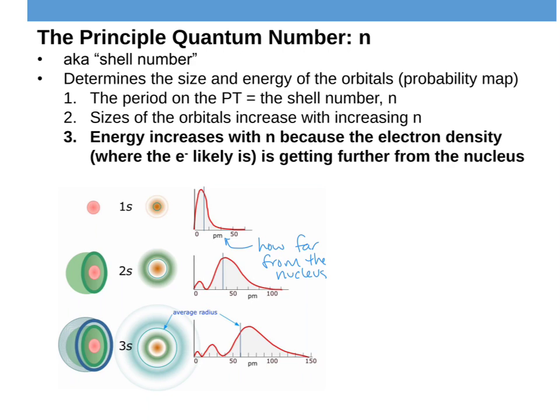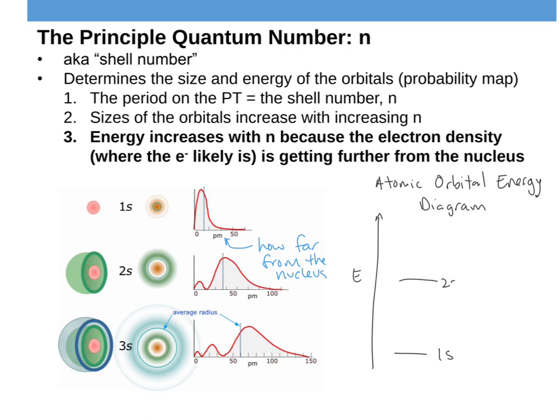And so what we can say is, if we're drawing an atomic orbital energy diagram, where this is just increasing energy, what we're saying is that your 1s orbital is going to have a lower energy than the 2s, which is going to have a lower energy than the 3s.